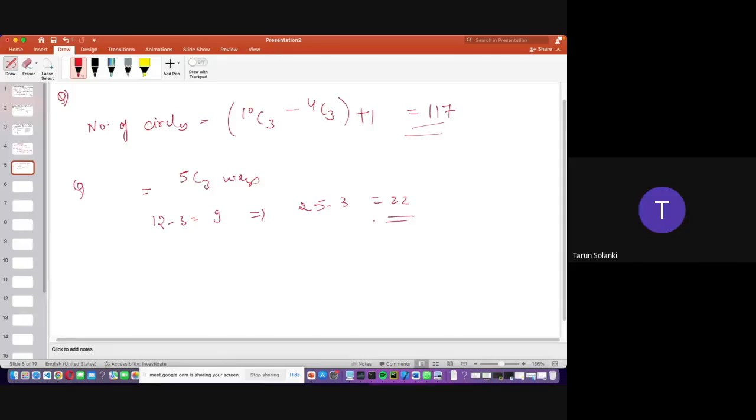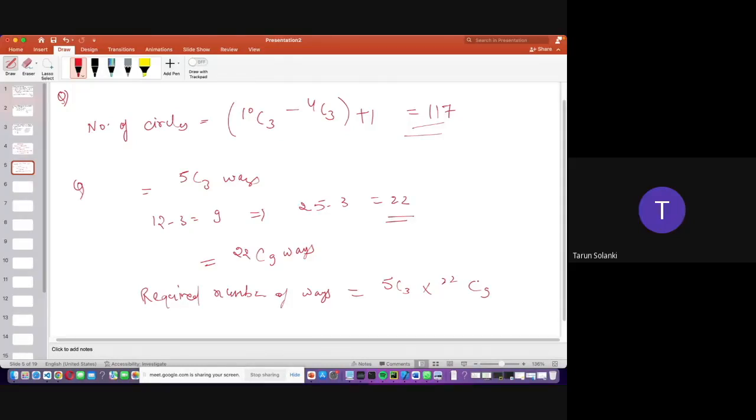So these vacancies can be filled up in 22C9 ways, correct? So the required number of ways is 5C3 into 22C9. So this is your number of ways in which the selections can be made.